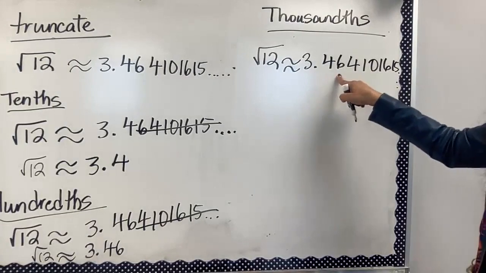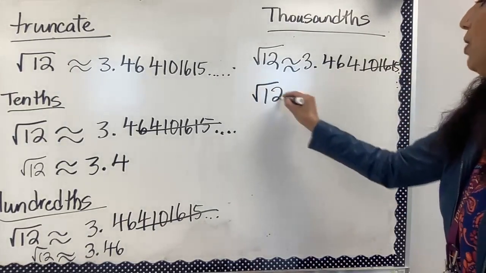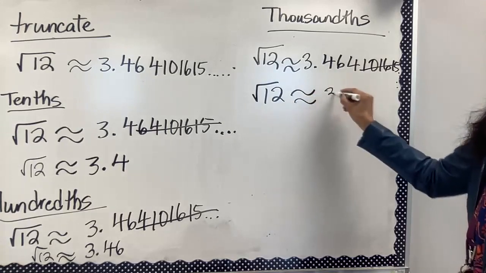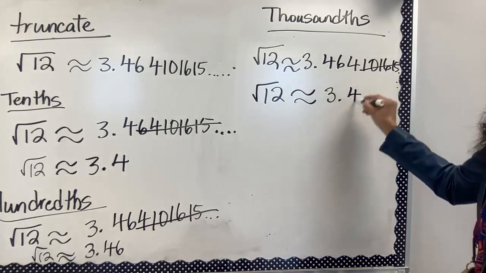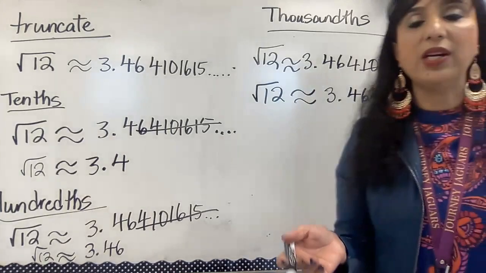This is 10th, 100th, 1000th, everything else gone. So the square root of 12 would be approximately 3 and 464 thousandths. So that's basically what truncating is.